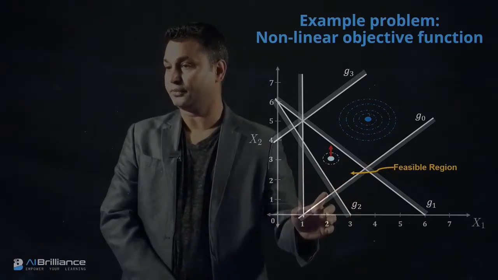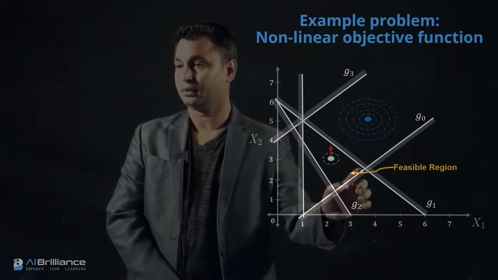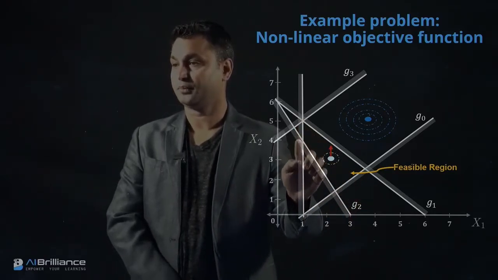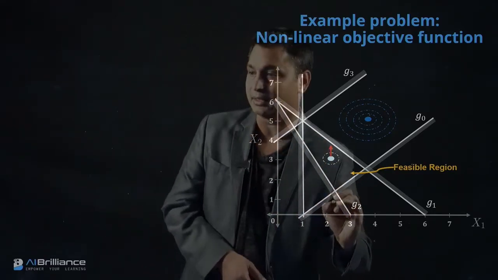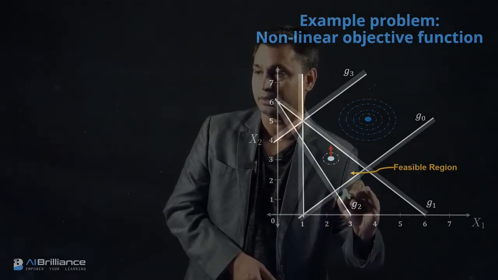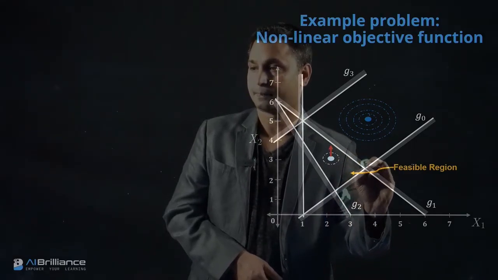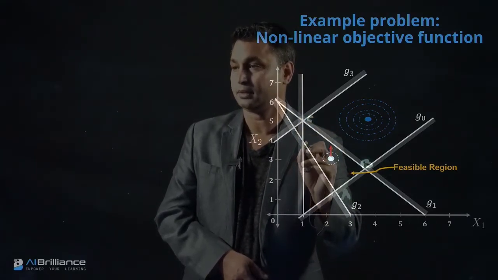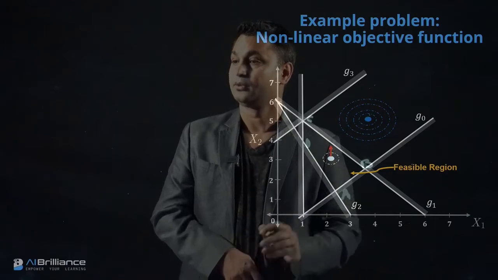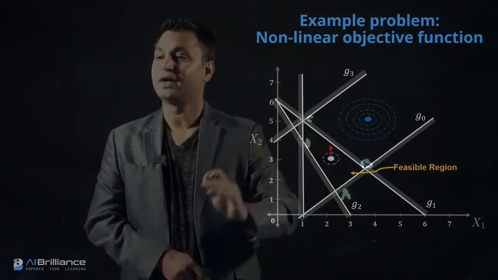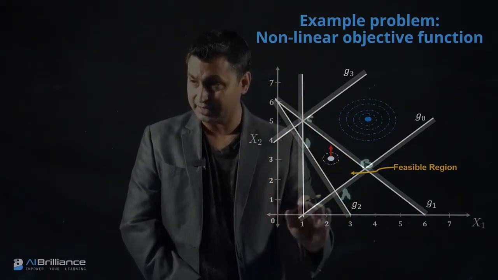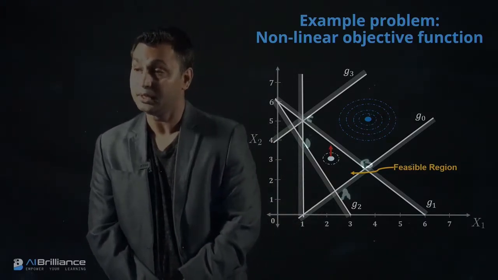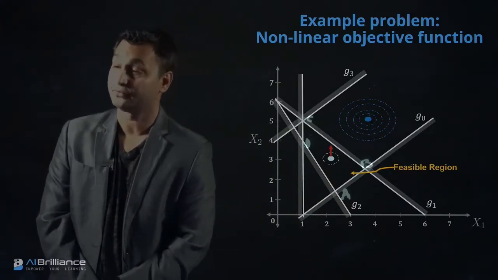The feasible region is defined by this boundary: this point, this point, this point, this point. Let me mark that. I can write this as A, this as B, this as C, and this as D. So A, B, C, D essentially defines the feasible region, and the region inside the A, B, C, D polygon is the set of feasible solutions.